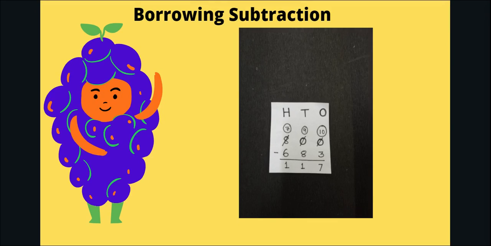Then start subtraction. 10 minus 3 gives 7, 9 minus 8 gives 1, and 7 minus 6 gives 1. So, our result or difference is 117.